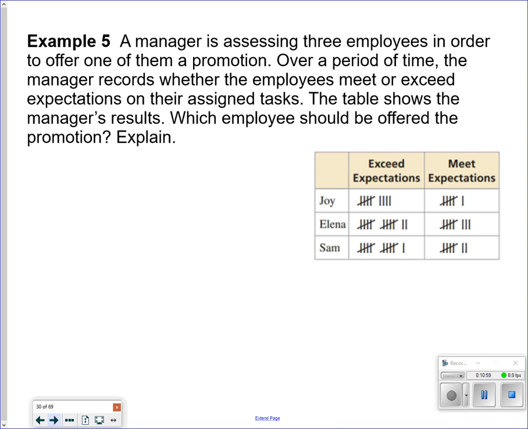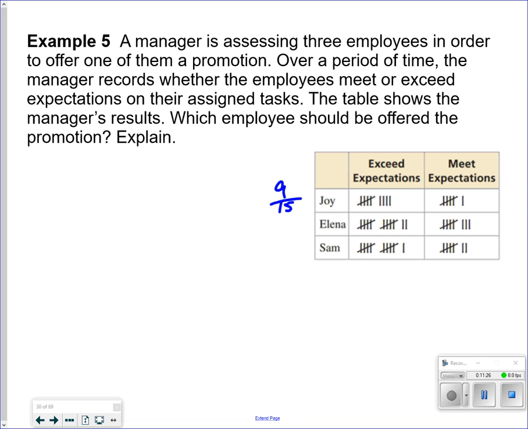And so when you're looking at this, you might say, well, I would give it to Elena. She has exceeded my expectations way more times. Well, that isn't necessarily true because Elena also has more times in which she's been evaluated. So when you're looking at Joy, it's 9 exceeds out of a grand total of 15 evaluations.